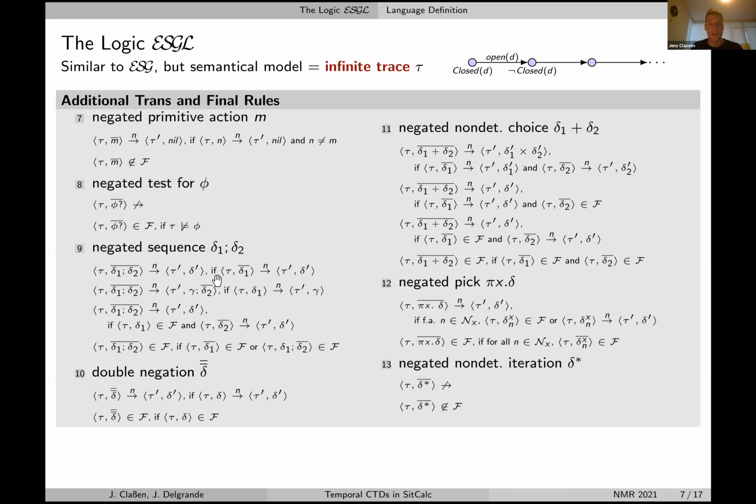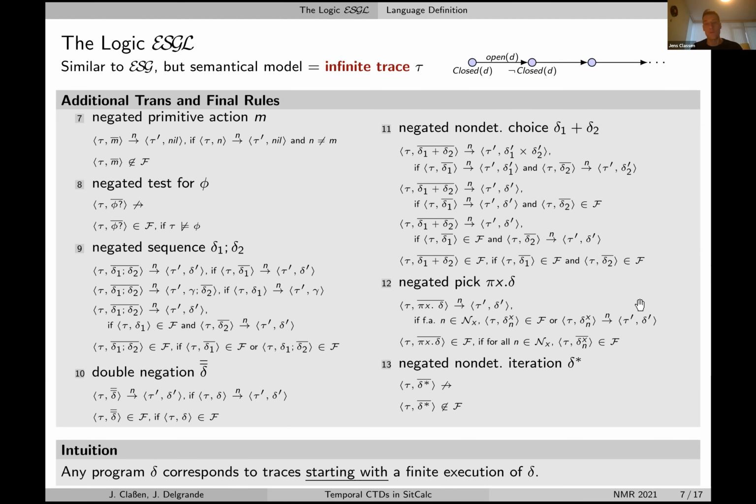You will find the details in the paper. So very roughly speaking, for example, for the negation of a sequence, you find exactly this idea that we just talked about: either you do the negation of the first program delta 1 and continue executing the negation of that program, or you do something that corresponds to delta 1, that would be these two following rules, but then afterwards you would have to execute the negation of delta 2. And so on and so forth.